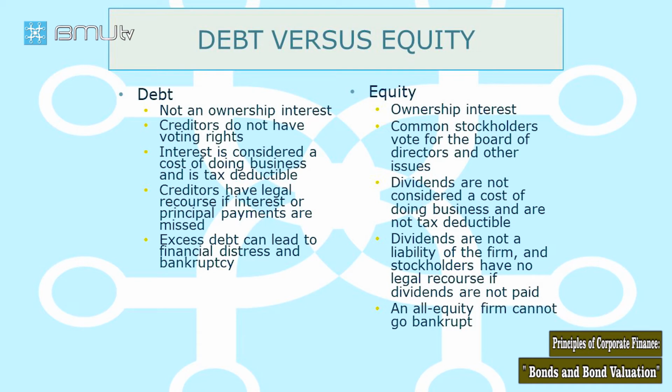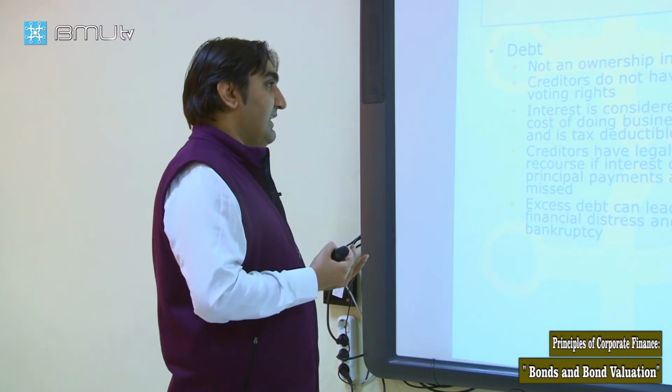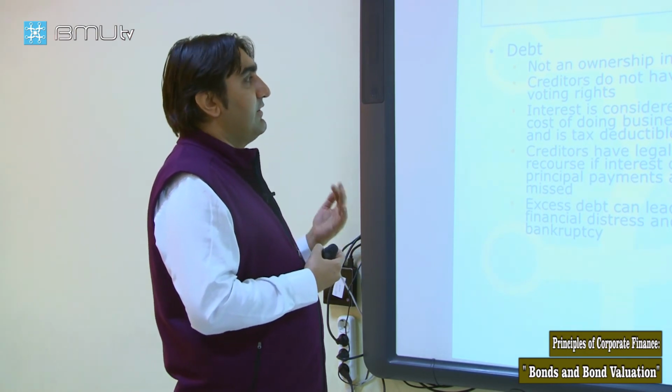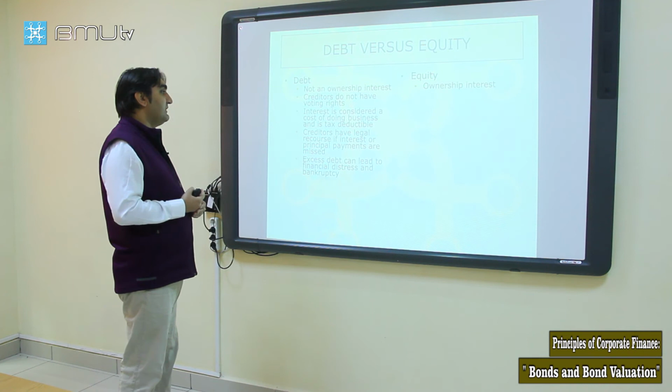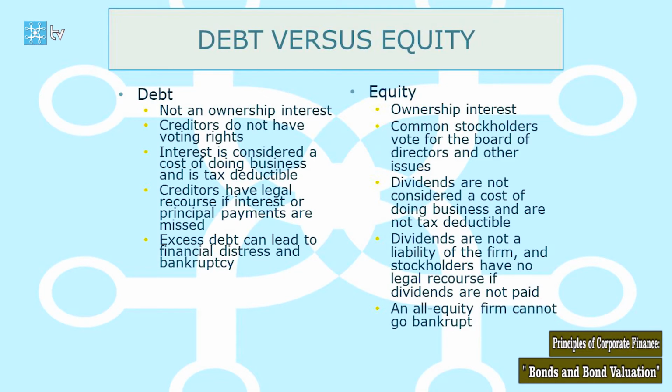Interest is considered a cost of doing business and it's tax deductible. That's why companies go to debt financing and prefer it to equity financing. Creditors have legal recourse if interest or principal payments are missed. Excess debt can lead to financial distress and bankruptcy, so managers consider this very strictly.